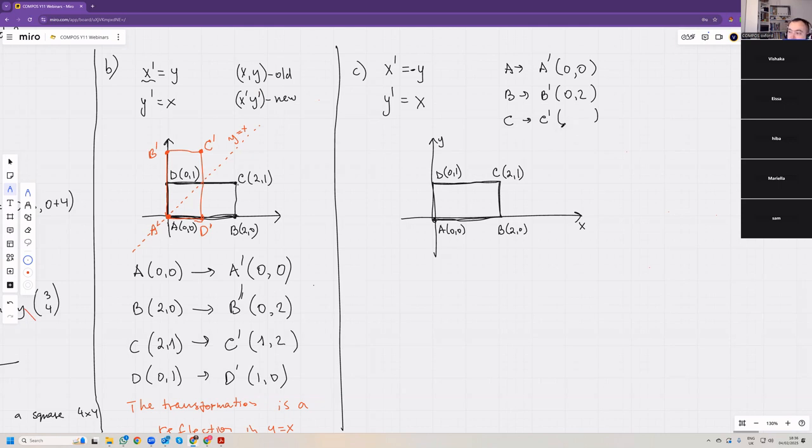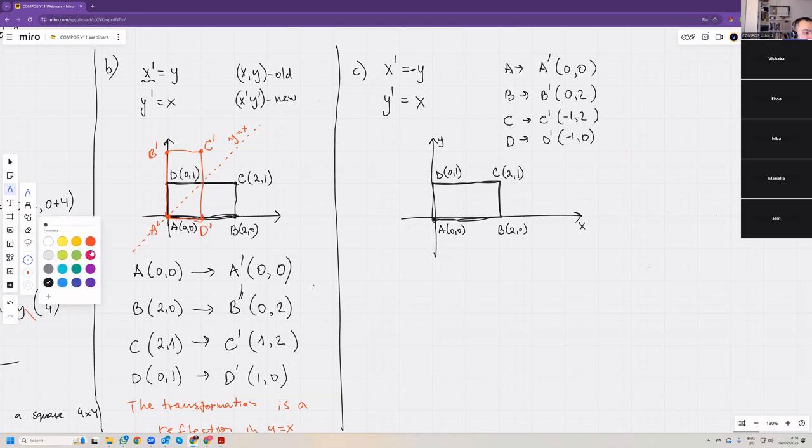Yes. C dash, minus 1, 2. Okay. Are others getting it? Okay. And D dash becomes minus 1, 0.